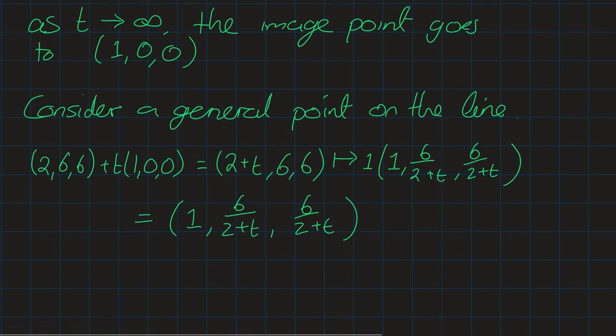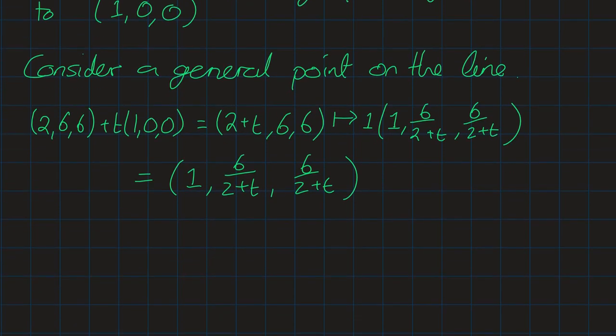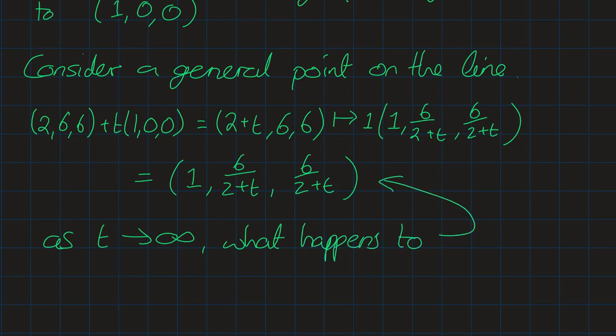And now the question is, well, what happens to this as t goes to infinity? So as t gets really, really big, that's what this notation means. As t goes towards infinity, what happens to this thing right here?